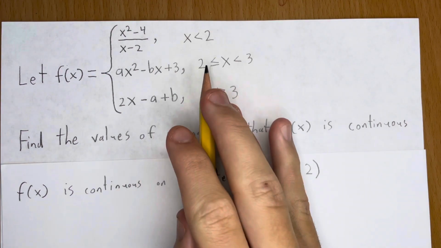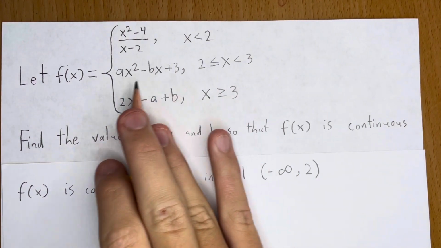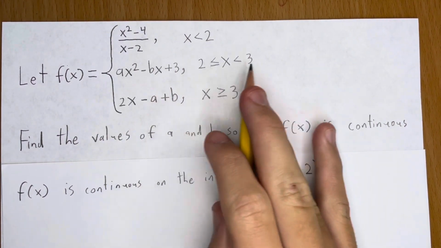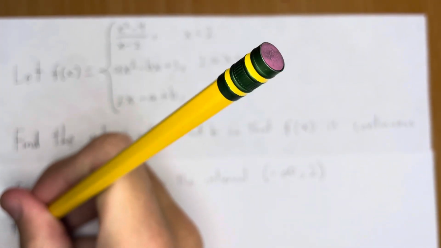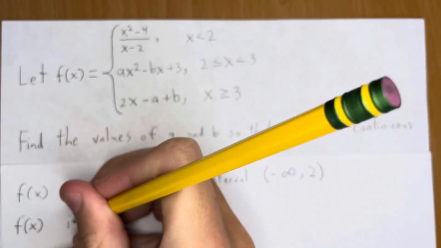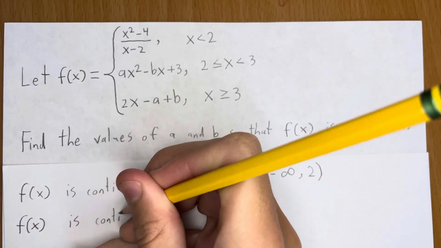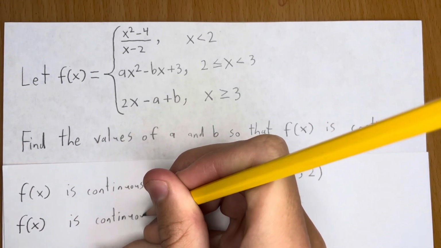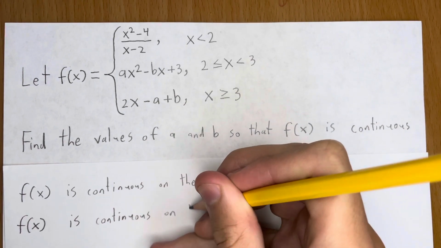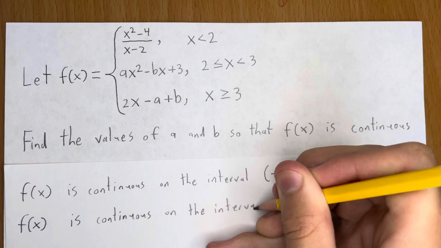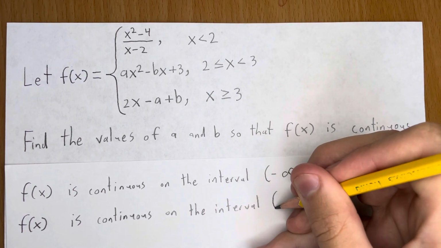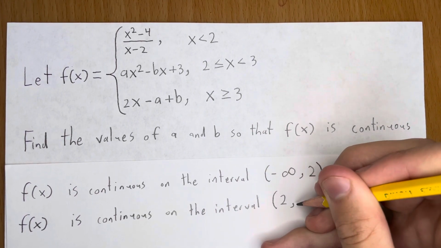Then next we can see that this function right here would be continuous from 2 to 3. In fact, that would be continuous everywhere. So we can say f of x is continuous on the interval 2 to 3.